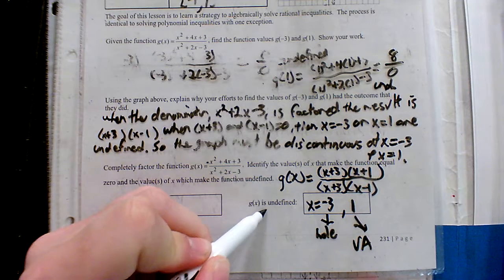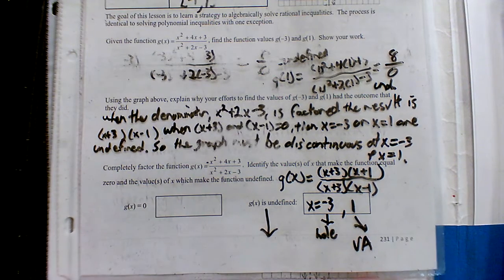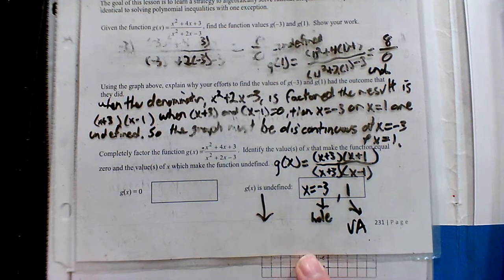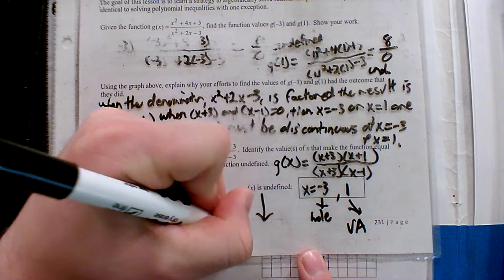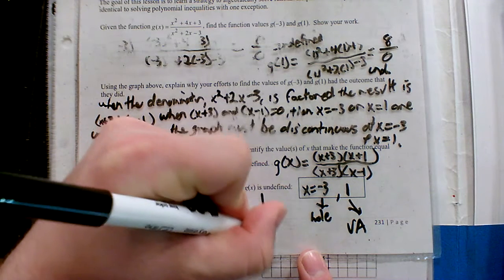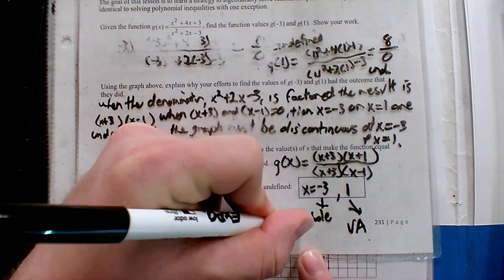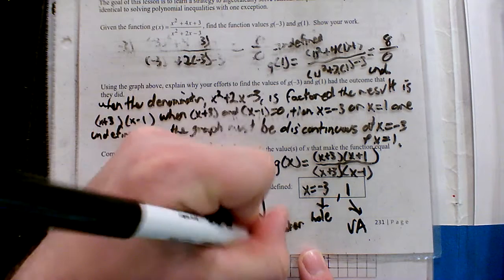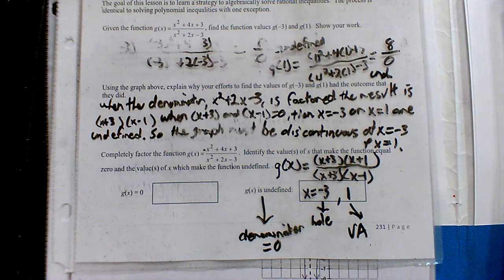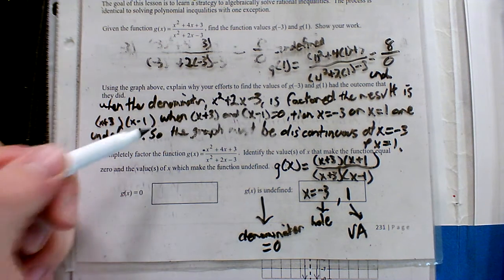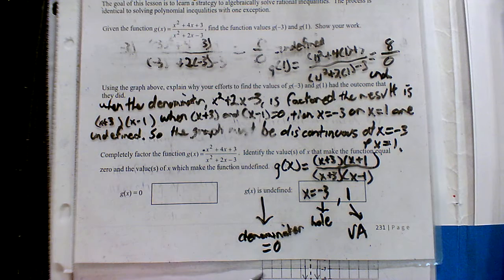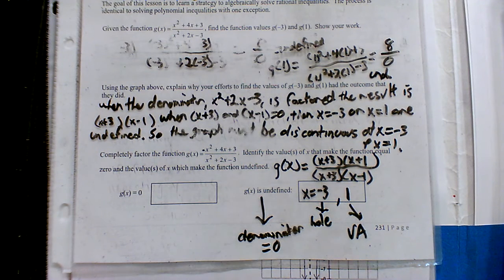And if you want to make a note of this, g of x is undefined when we're dealing with rational equations and inequalities. That means your denominator is equal to 0. So if you just want to make yourself a note, that's what we showed up above. So the denominator is equal to 0. Okay.